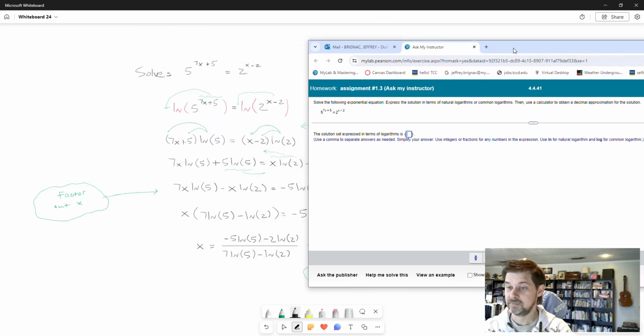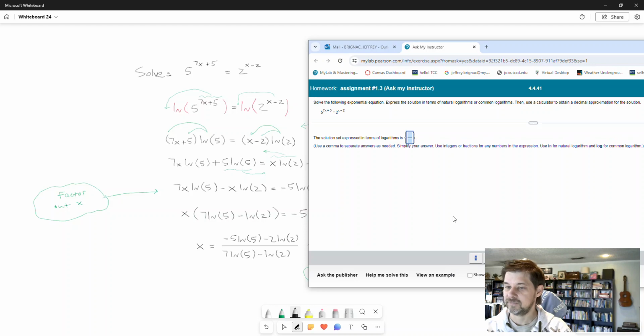So let's put this in right here just like it is. I type a fraction. I get -5 natural log of 5 minus 2 natural log of 2. Okay, so like that, that's the top. Underneath it, 7 natural log of 5. Oops.